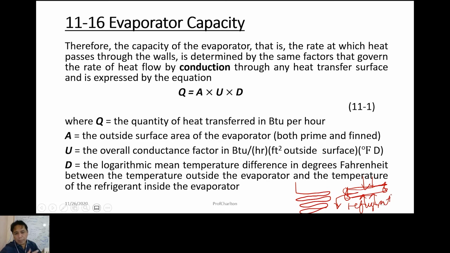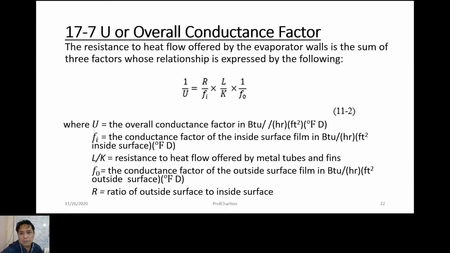So the temperature outside, for example the air, is higher than the temperature inside the tube of the evaporator, which is the refrigerant. Always like that. That's why there is a temperature difference. Because if there's no temperature difference, there would be no heat transfer, right?